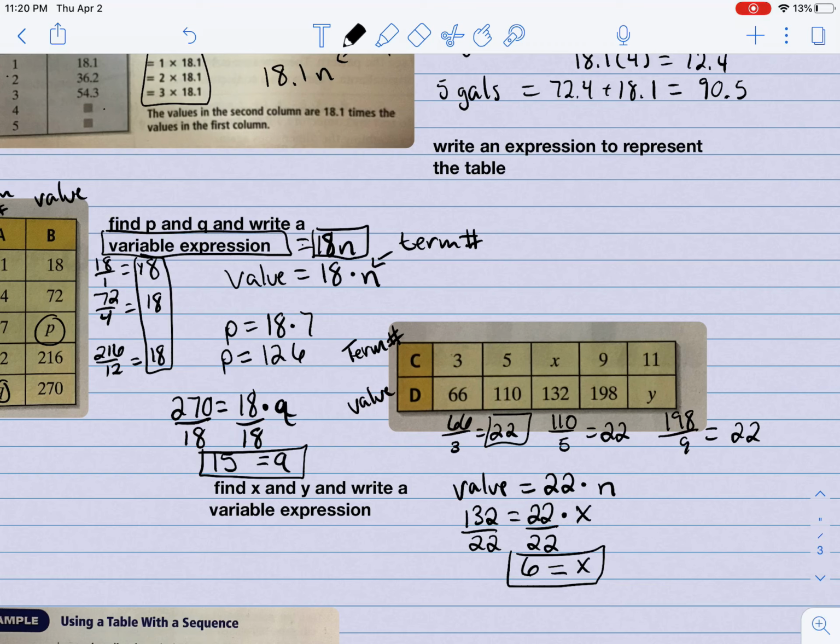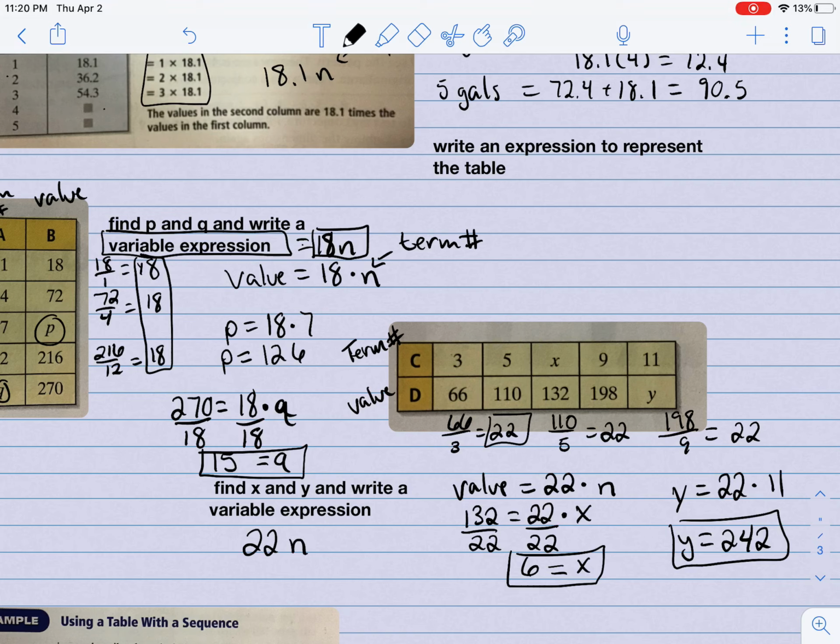Okay, likewise, we're going to use the same equation to solve for y, but this time y is our value. We're going to multiply that number, the 22, which is the constant increase, by 11. And there we'll find out that y equals 242.